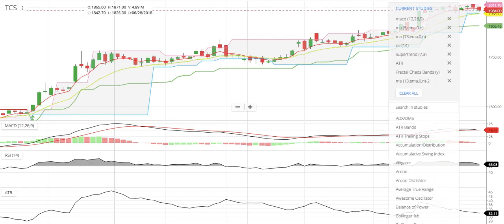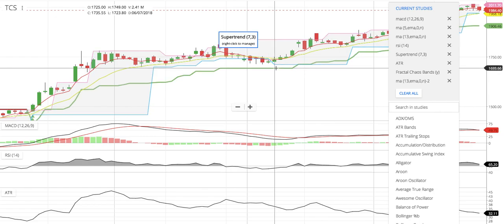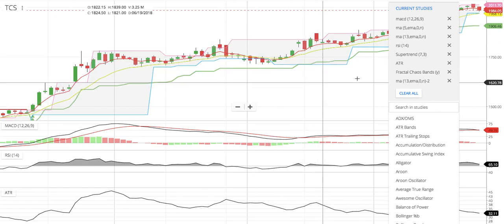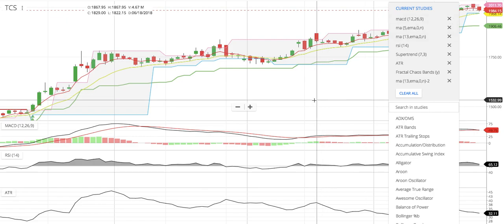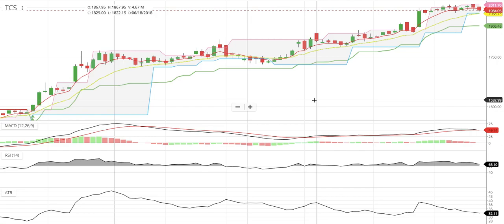Go to studies, and you will see fractal Chaos bands. If you add this, you will get this particular band, this and this, and there is something called moving averages, the 13 EMA. So these are the two things that we will be using. We don't need MACD, but for the time being I'll just keep it here.